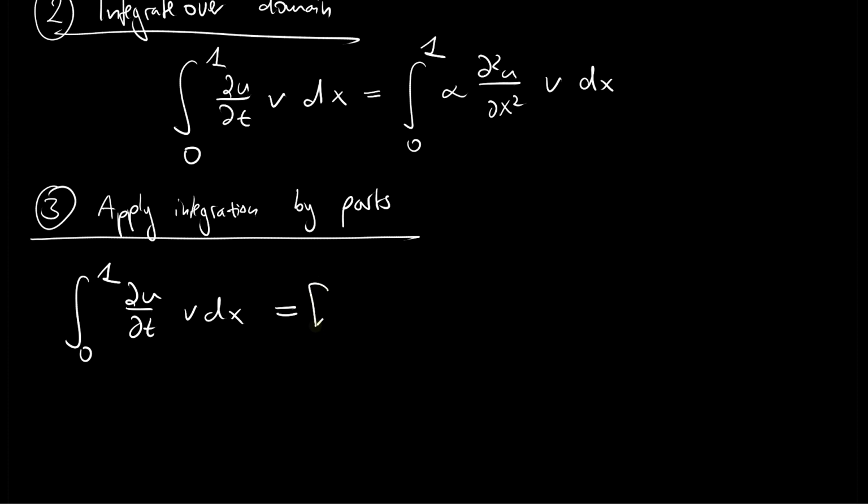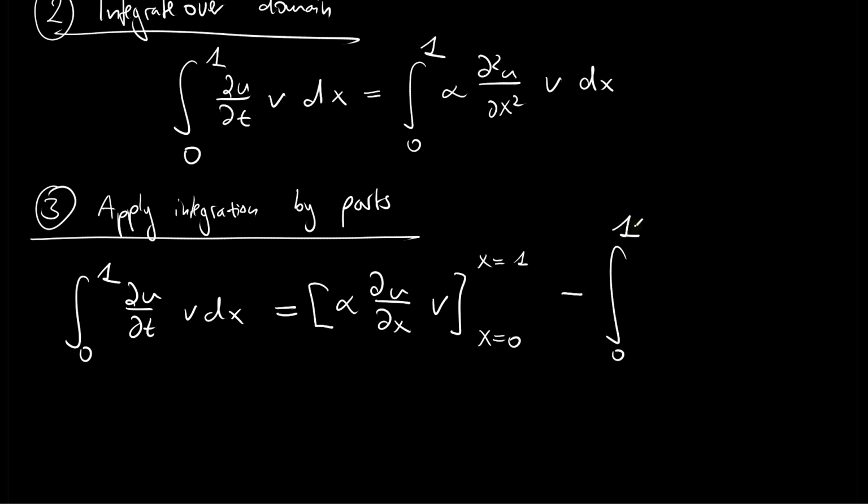We first get a boundary evaluation of alpha du by dx. So we integrate it once and then multiply with the other function as is, and then evaluate that at x equals 0 and x equals 1. And then we subtract the integral from 0 to 1, and we have an alpha du by dx. And then, these are the rules of integration by parts, we apply the derivative to our test function, so dv dx, and then integrate it over x.